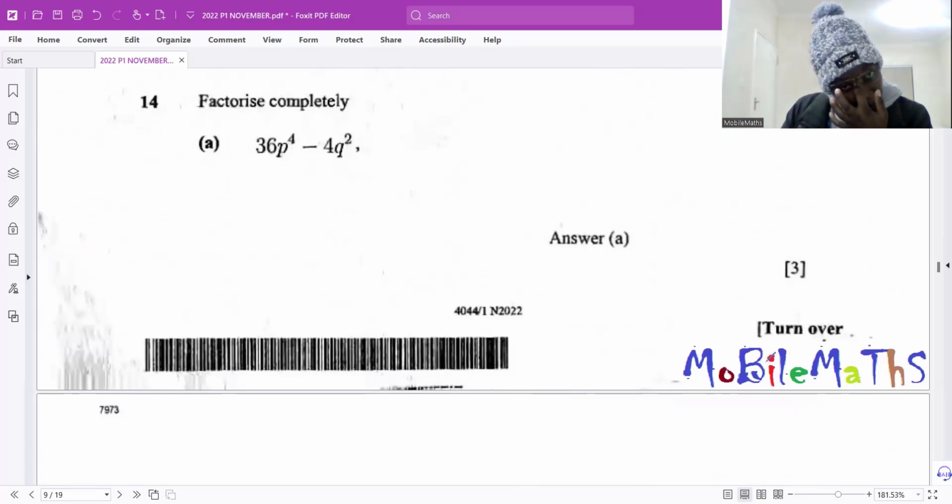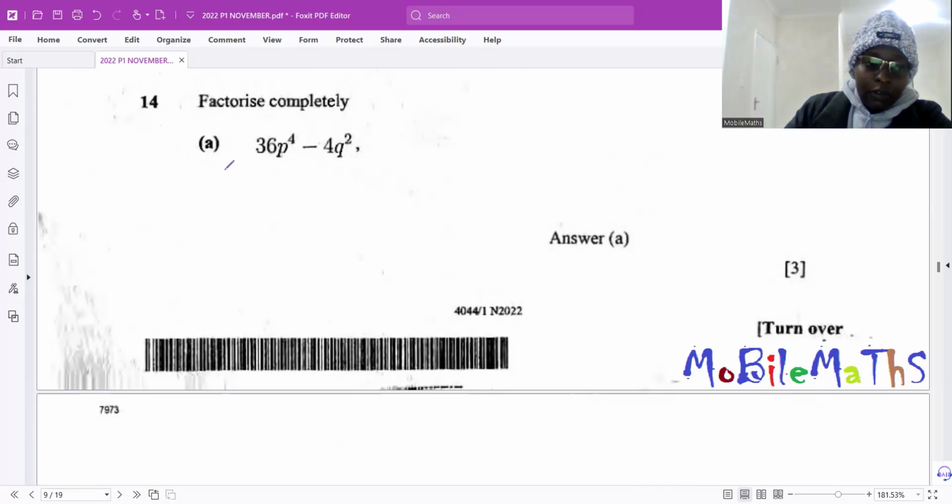Factorize completely, okay? What is the common factor there? I have got 4 can go into 36, right? Yes, 4 can go into 36, yes. So let's take 4 out. I will remain with 9p squared minus q squared.